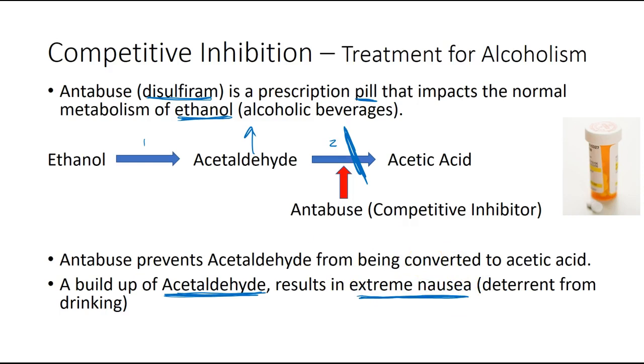As long as the patient takes this prescription, they will feel extremely nauseous when they drink alcohol because of the buildup of acetaldehyde due to the competitive inhibition of this particular enzyme.